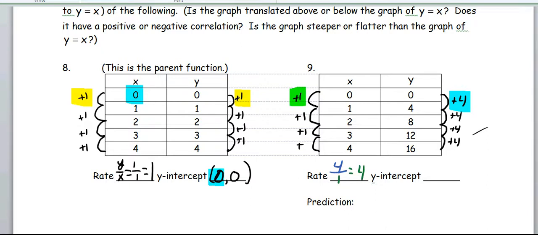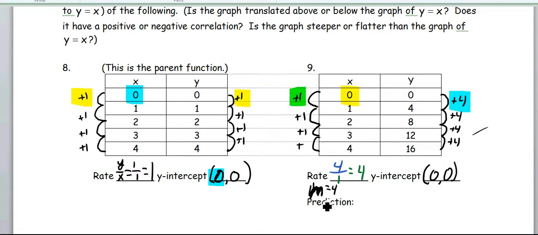My y-intercept, I look, where is my x 0? Then I'm going to put in here 0, and then the y next to that is 0. So my prediction is that with 4 as my rate, that's my m value.